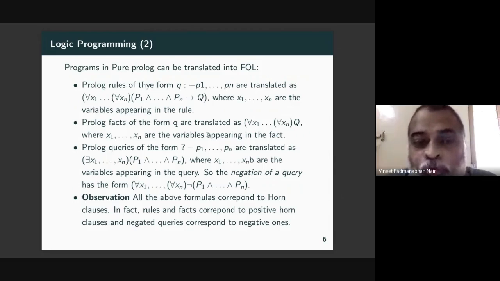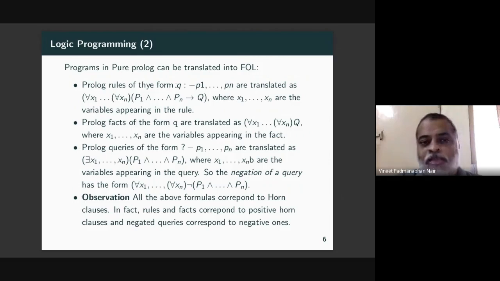So how do you read that? Prolog rules of the form Q if P1 to Pn. There is a difference also here, because once you give a right-handed arrow, it actually means if then, but in the Prolog language, it actually means the other way. Please keep this in mind, this is very crucial.